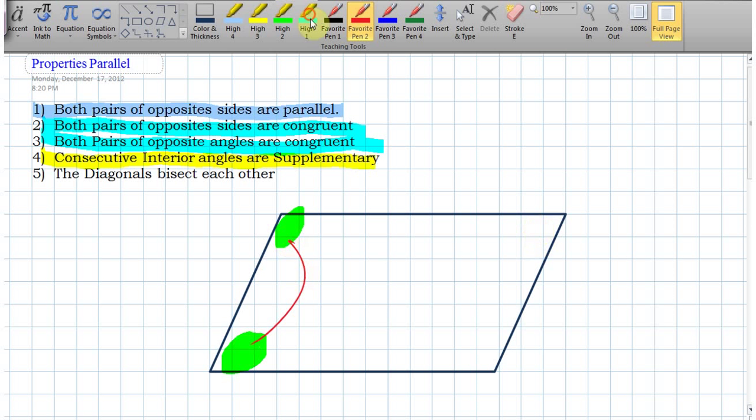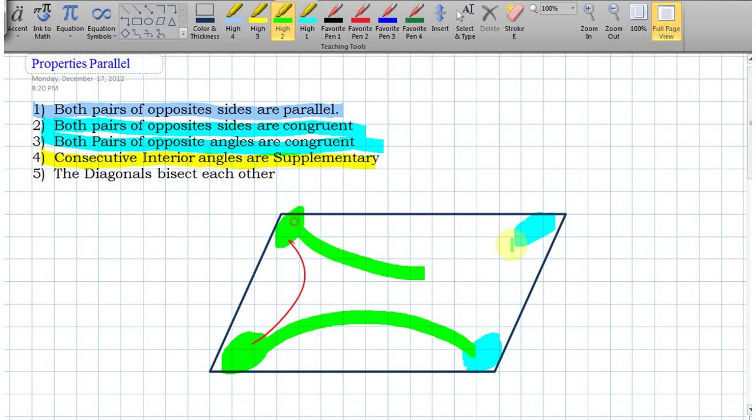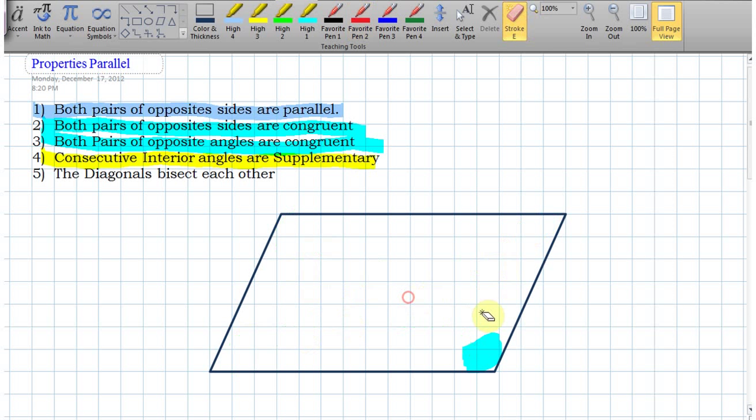And so are these two angles in here. Those are considered same side interior angles as well. And also these two are considered same side interior, and these two angles are considered same side interior. So we have all these angles that are on the same side interior, and it turns out there's a mathematical connection between those angles. And what is it?